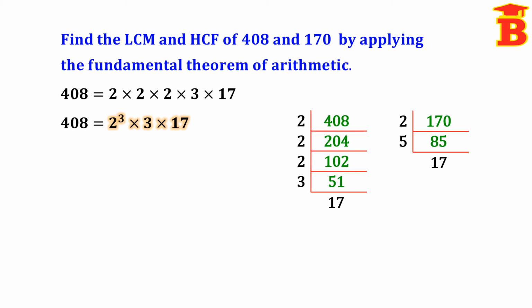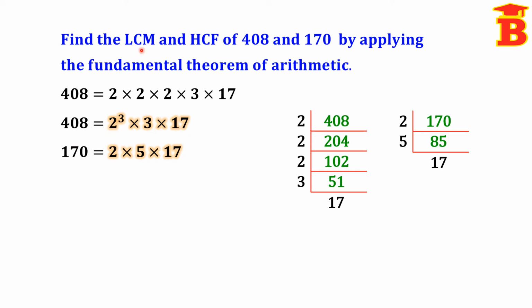That is 5 17s are 85. Since 17 is a prime number, we cannot find the factor further, so we stop with this. Therefore 170 equals 2 into 5 into 17. So write all the factors of 170. So now we have the factors for the given two numbers.